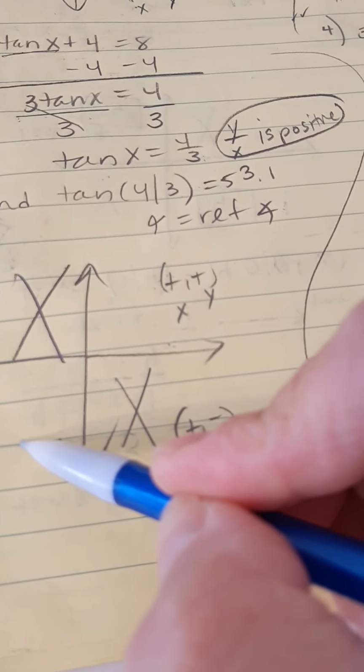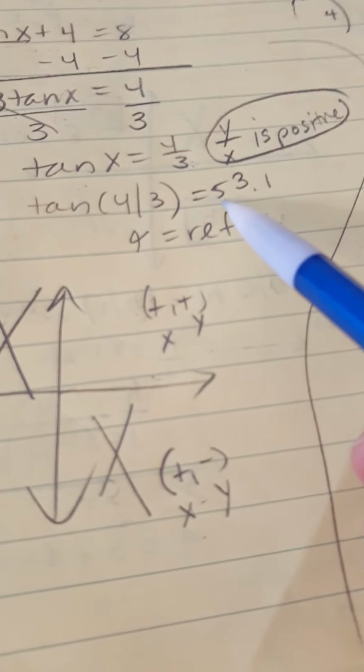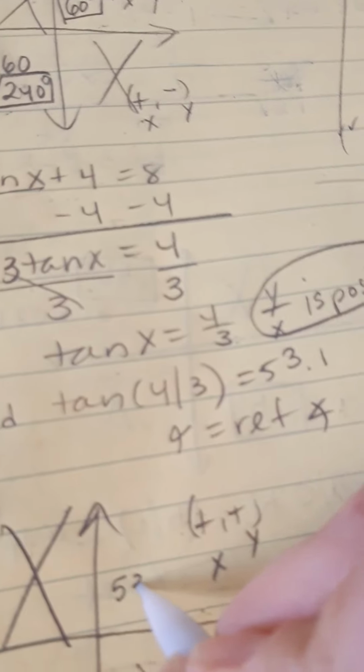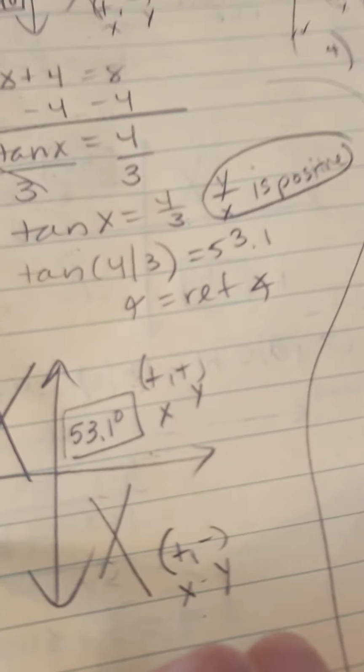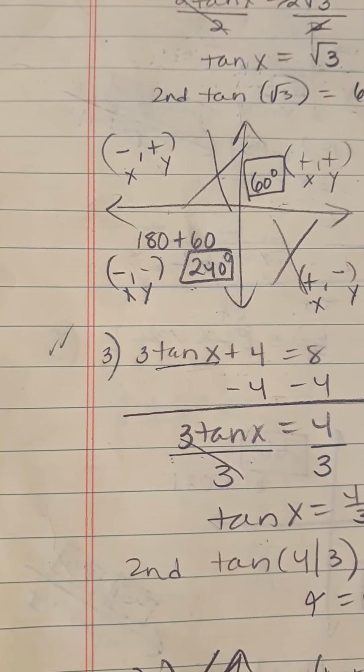Hopefully you don't mind so much, because when you have quadrant 1, it makes life so much easier. Your reference angle fits there, so that one's always easy. Third quadrant, hopefully you guys are remembering, is always 180 plus.